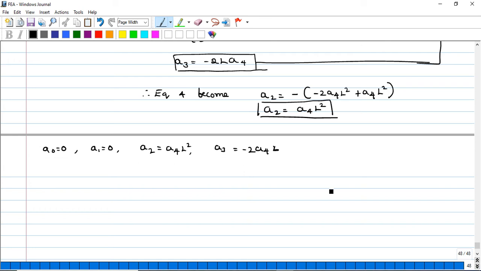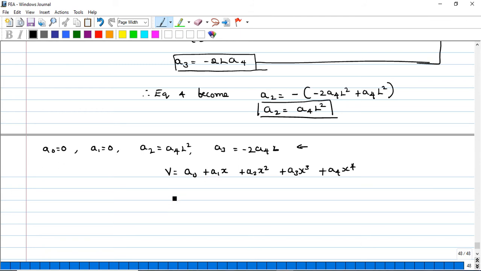What is equation 2? Nothing but the displacement model, v is equal to a0 plus a1 x plus a2 x square plus a3 x cube plus a4 x raised to 4. See, we found these generalized coordinates based on the boundary condition, and we are substituting here.